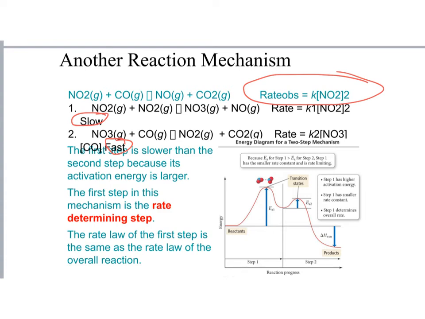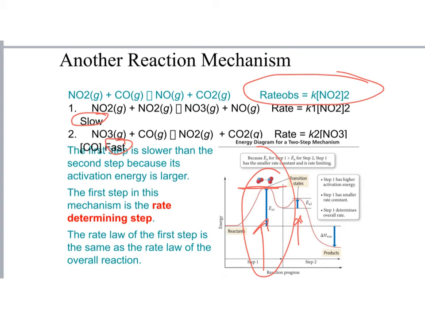It also would have the highest activation energy. If you look at the diagram, there's a high activation energy versus the second step that has the lower activation energy. And so this is going to govern how quickly we can get to products, because this is the highest activation energy needed.